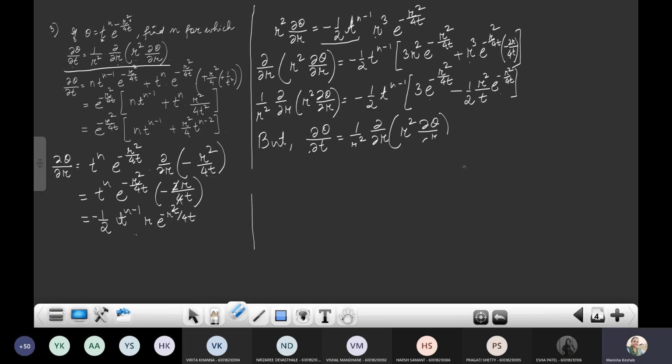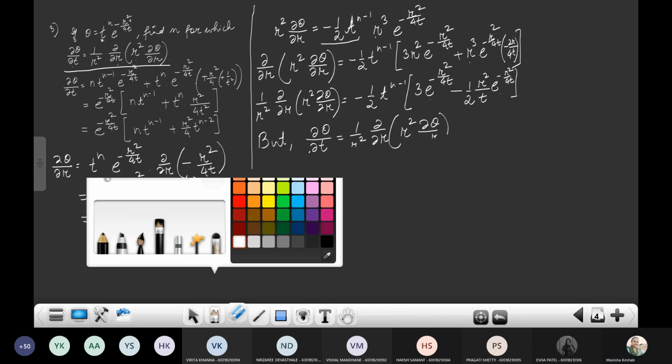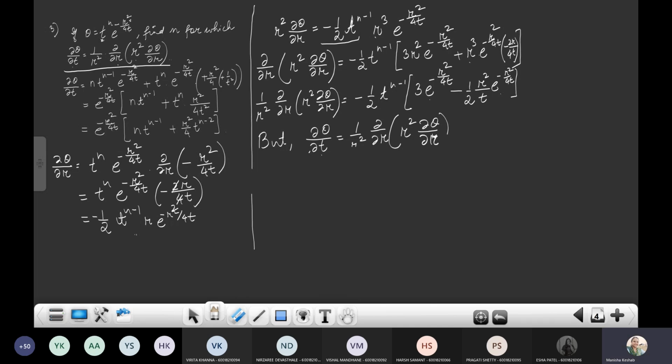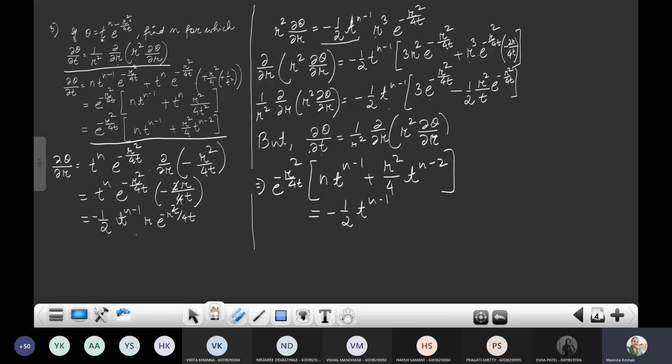So we will substitute these values. Sorry, del theta del t was this. So it will become e power minus r square by 4t into n into t power n minus 1 plus r square by 4 t power n minus 2. Sorry, I just do the check. Which is equal to, this side we are getting minus half t power n minus 1 e power minus r square by 4t into 3 minus half r square by t.